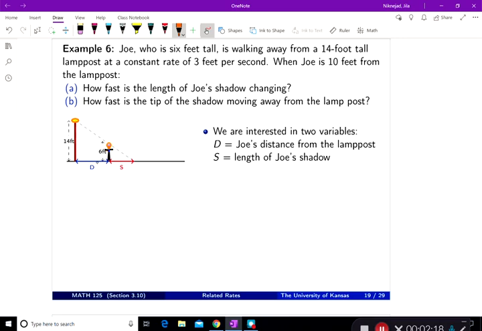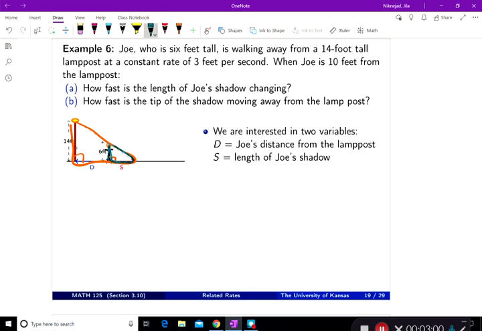How are these related? The lamppost is straight up, so it's making a 90-degree angle with the ground. So is Joe, and so basically you can see two triangles in here. One is this one, and the other is this one. Because Joe and the lamppost are both perpendicular to the ground, they're parallel to each other.